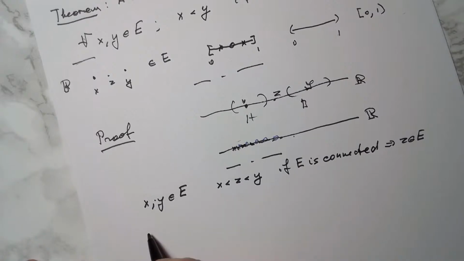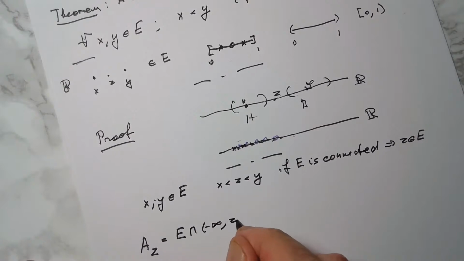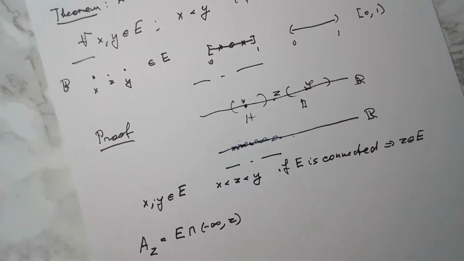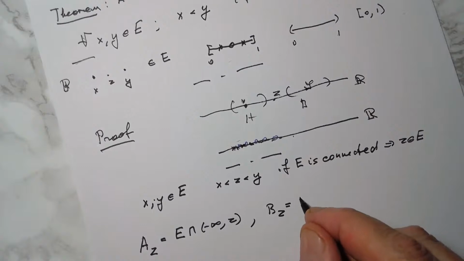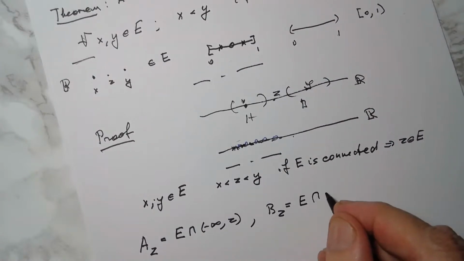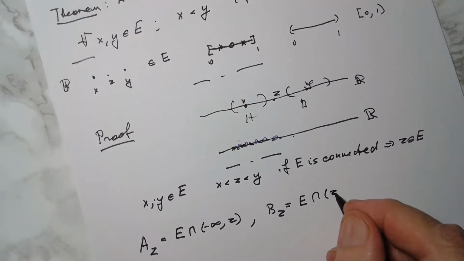So what I introduced together with Rudin is the set A sub z, and this is the set of those points in E which are between minus infinity and z. Notice that this is an open interval between minus infinity and z, and the set B sub z will be, of course, the set E intersected with (z, infinity).